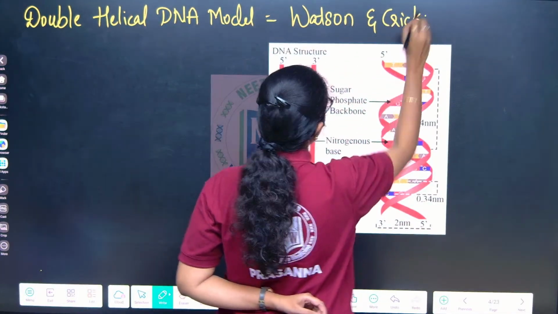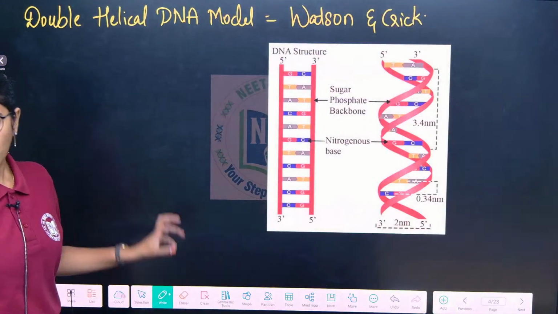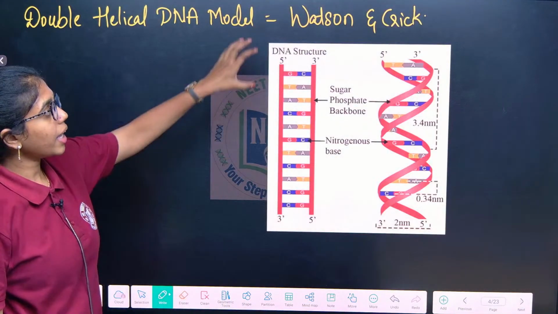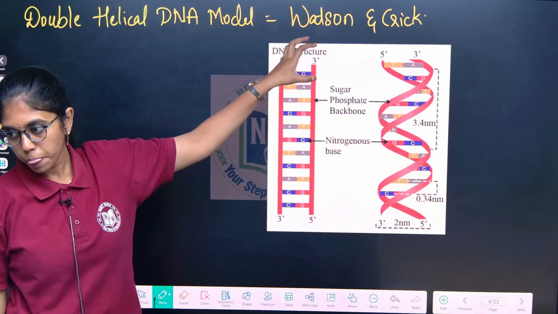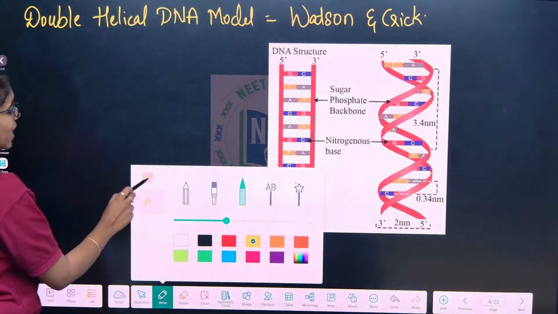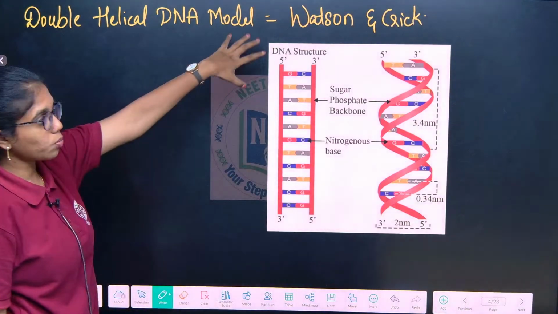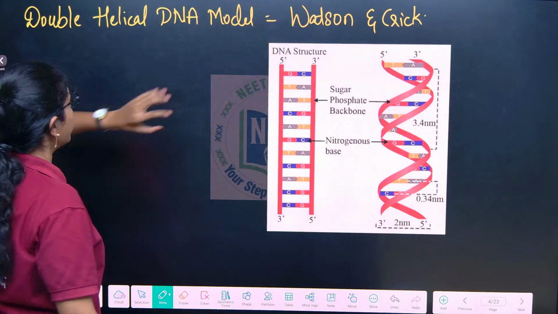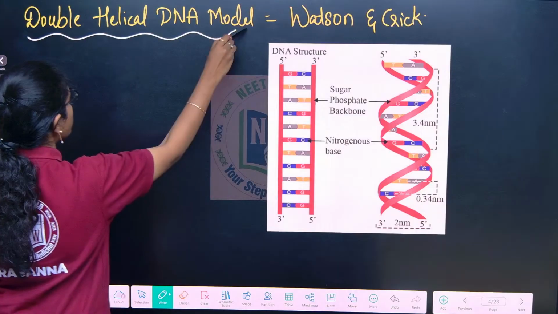The most popular question from this model is, what are their propositions based on? Okay, their propositions are purely based on base pairing. Okay, Watson and Crick's model of double helical DNA, their propositions are purely based on what?